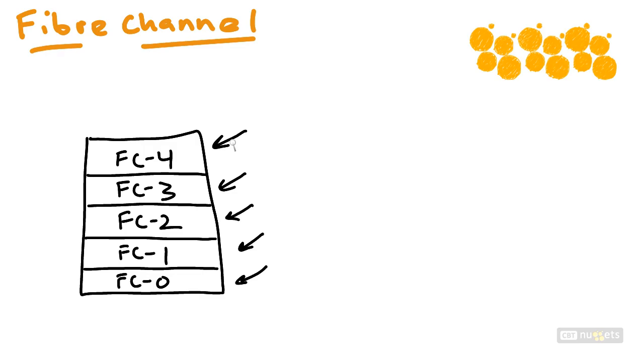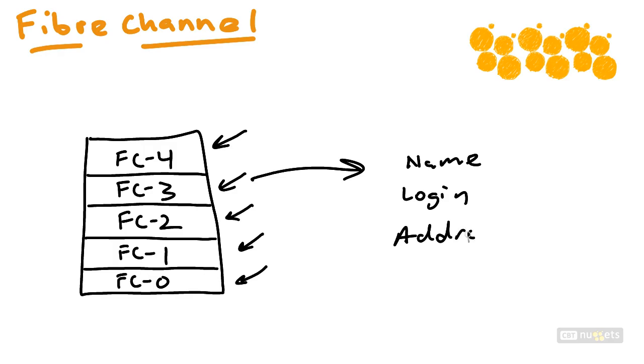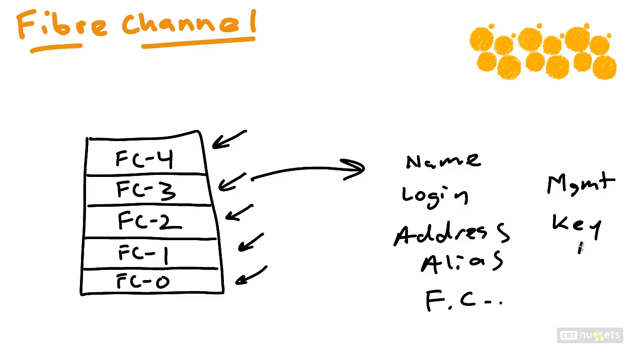Now, a big area here is the generic services that are going to need to be provided that would be really required for fabric management. These specifications outlined a name service, a login service, an address manager, an alias server, a fabric controller as it is known, a management server function, a key distribution server, and also a time server.